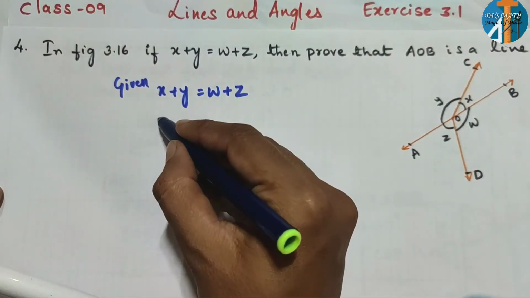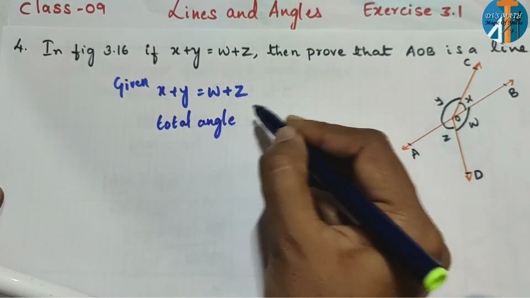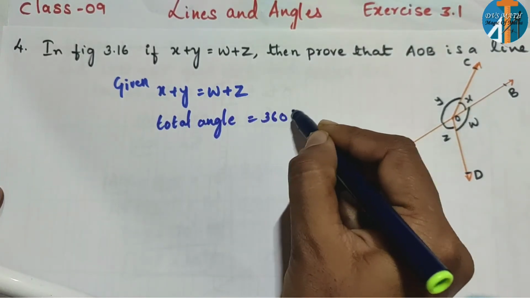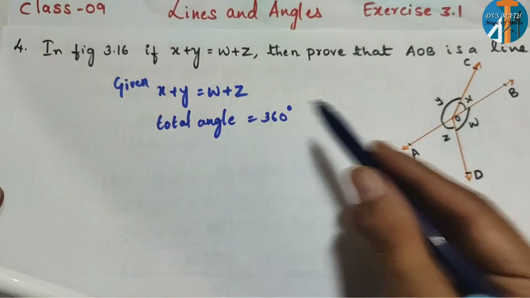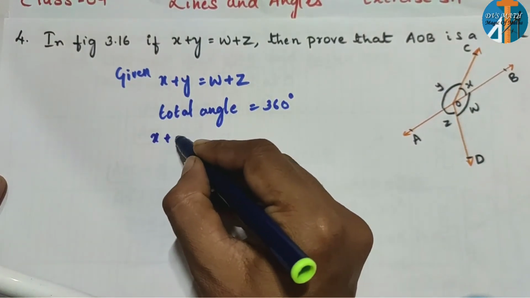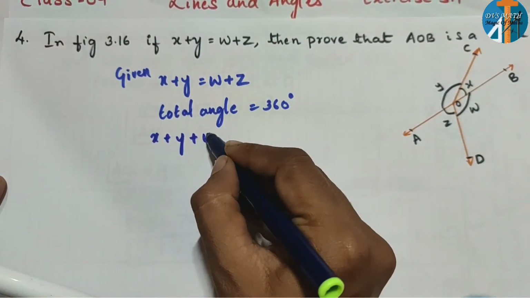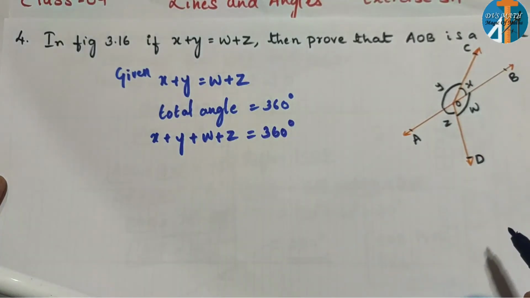That means the total angle, or sum of all angles, is equal to 360 degree. Total angle means we have to add all these things, right? That means angle x plus y plus w plus z is equal to 360 degree.